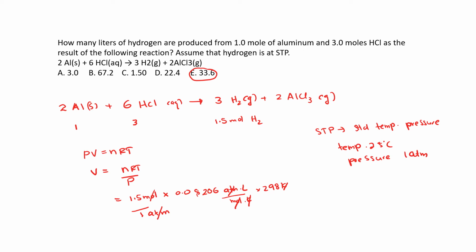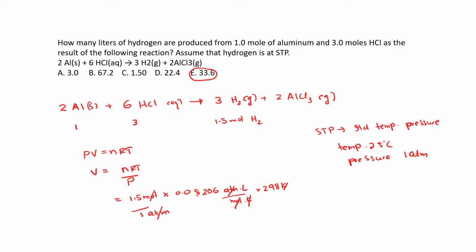As the stoichiometric ratio indicates, if you react 2 moles of aluminum and 6 moles of HCl, it gives 3 moles of hydrogen. But if you divide these numbers by 2, if you react 1 mole of aluminum with 3 moles of HCl, it should give off 1.5 moles of hydrogen.